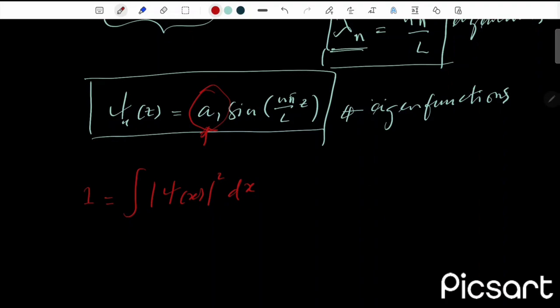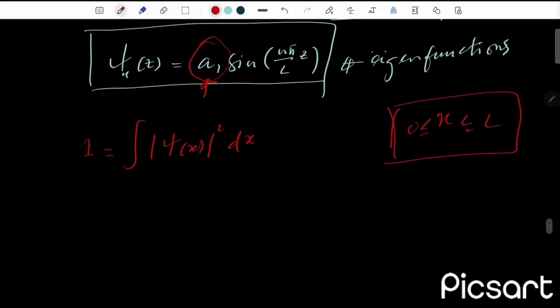Here we must remember that we are defining our function with x between 0 and L, and we can visualize this as, for example, a square well, where we have here x equal to 0 and here x equal to L, but our potential is equal to 0.